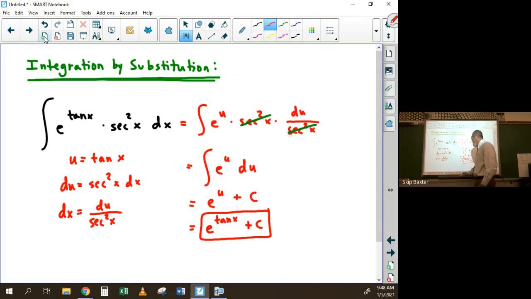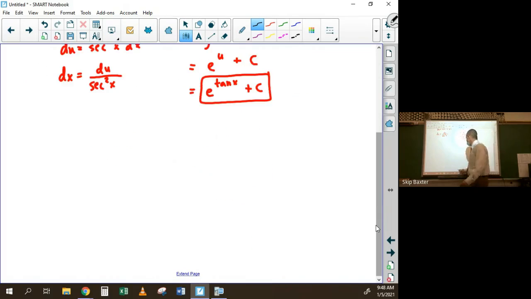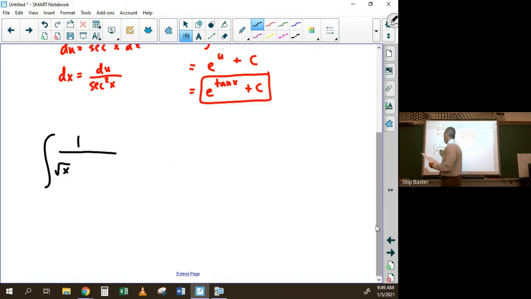Okay, let's do one more example of u substitution. So what if it was something like the integral of 1 over radical x times 1 plus radical x squared?